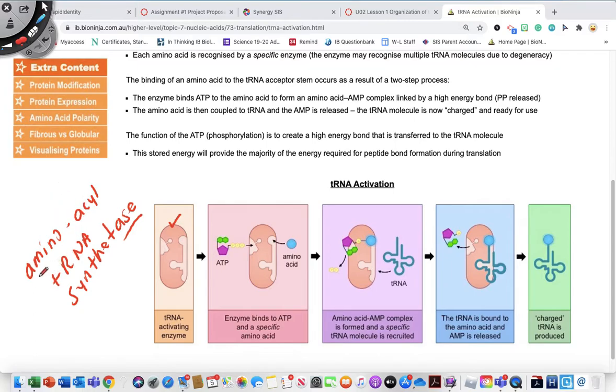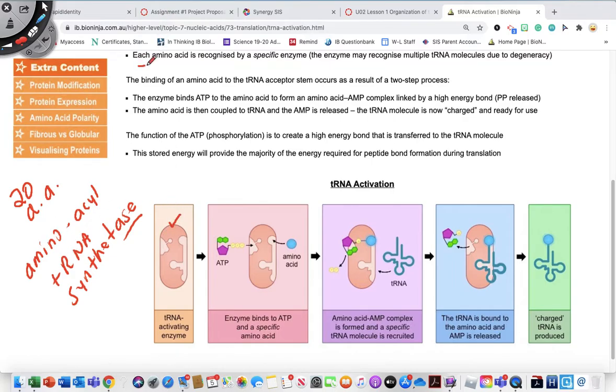But the reason why we call it Acyl is because this is the enzyme that's going to be responsible for binding the amino acid. Now, remember that there are, on average, a little bit more, but on average, 20 amino acids out there. So there's got to be around 20 different amino acyl tRNA synthetases, depending on which amino acid you're trying to bind.